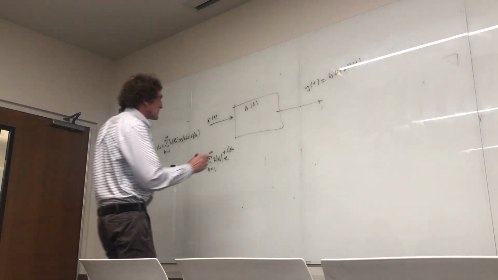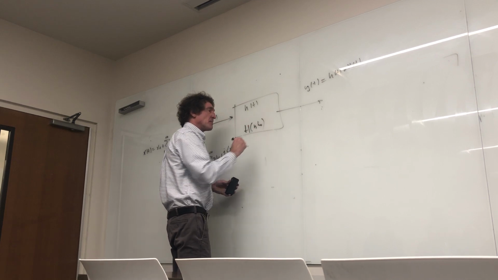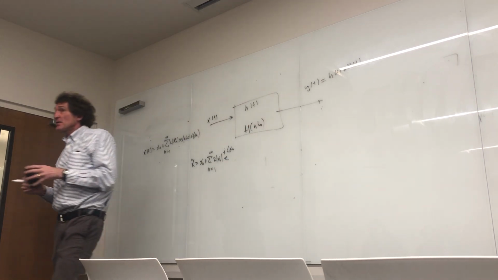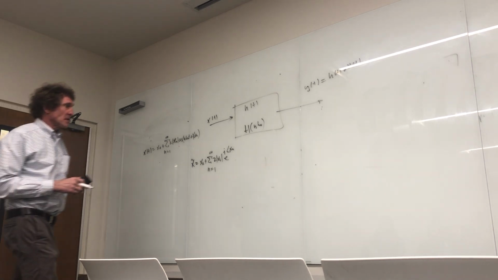Now when we have a transfer function, this will be h of n omega naught. It's not going to be h of omega, because it's not going to have just one omega, it'll be omega naught, 2 omega naught, 3 omega naught, follow me? And that transfer function has a magnitude and an angle.